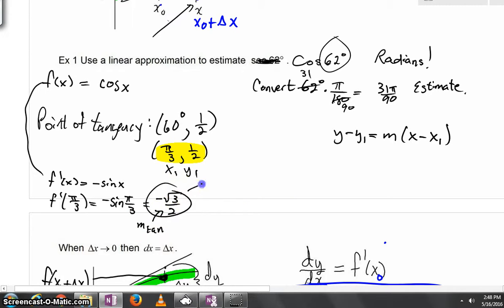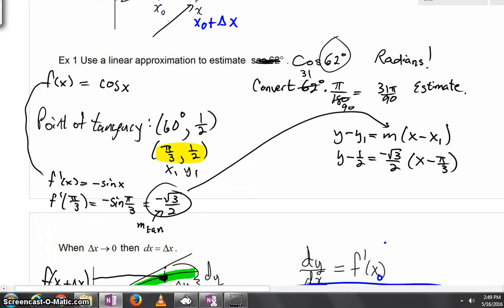So I'm going to use my slope. I'm going to use my x and y. Right now, I hope this just seems like an ordinary problem. Many times you've written the equation of a tangent line. We're going to do it even right now. Here's your y1. You've got negative root 3 over 2. And then we'll say x minus pi over 3.